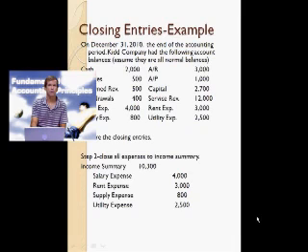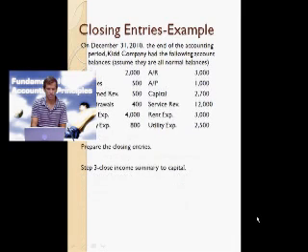Step 3 is now to close the income summary account. And as you recall, we had credited income summary for $12,000 when we closed revenue. And we debited income summary for $10,300 or something like that.